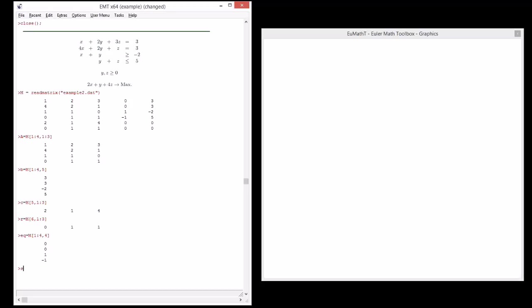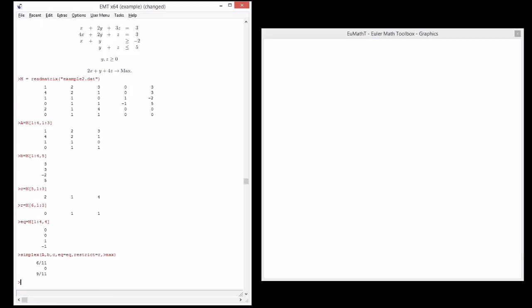Once we have that, we can use the simplex algorithm with A, B, and C as before, and the equation vector EQ and the restriction vector R, and we want to maximize.